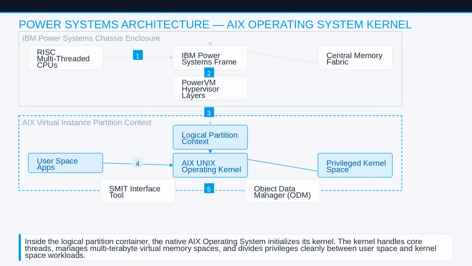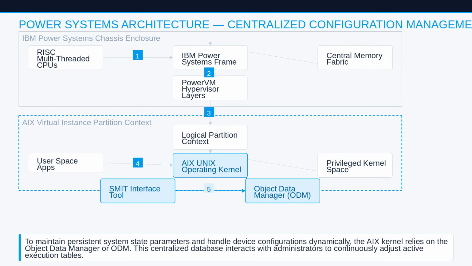The kernel handles core threads, manages multi-terabyte virtual memory spaces, and divides privileges cleanly between user space and kernel space workloads. To maintain persistent system state parameters and handle device configurations dynamically, the AIX kernel relies on the Object Data Manager or ODM. This centralized database interacts with administrators to continuously adjust active execution tables.